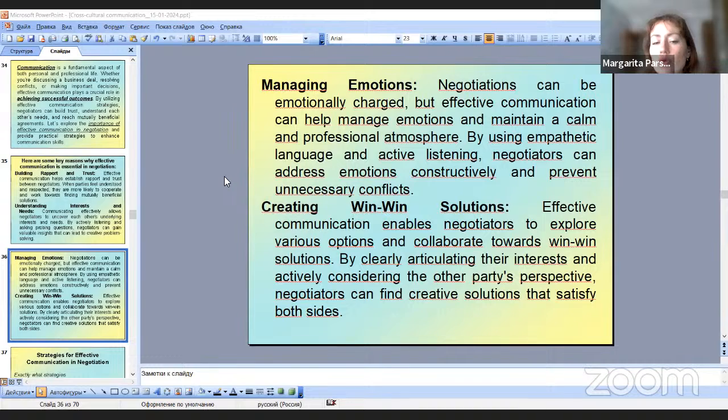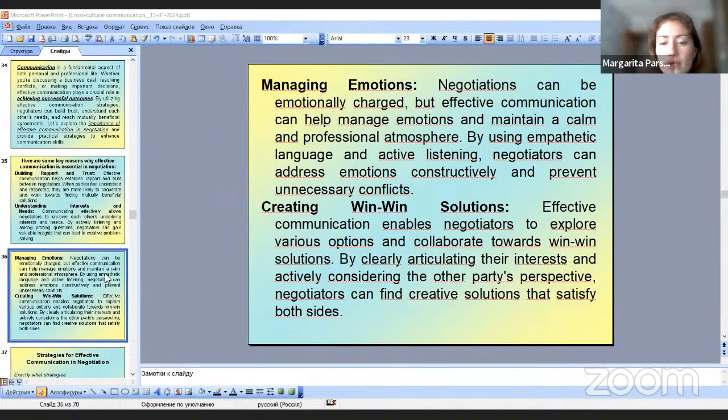To create these win-win solutions, we need to show our interest in the opinions of other persons and listen to them, considering every party's perspective, and this gives solutions that will satisfy both sides. So I think that's the name of this solution, win-win, right? Every party is satisfied with the conclusion, with the decision of the matter they are speaking about.